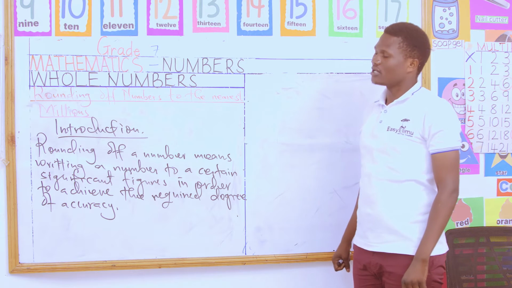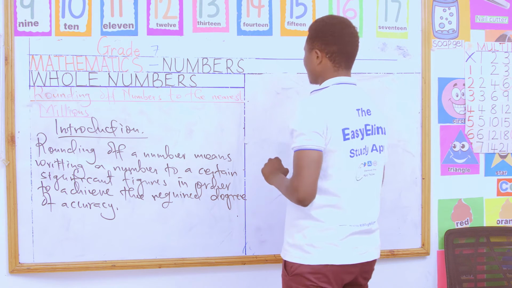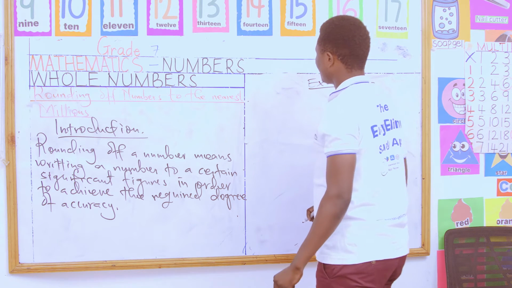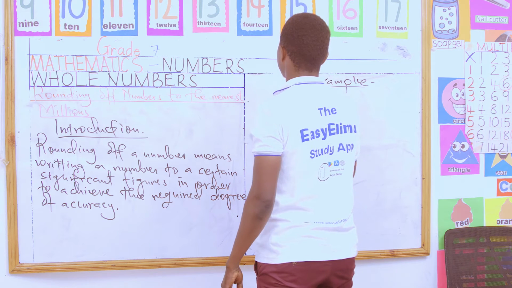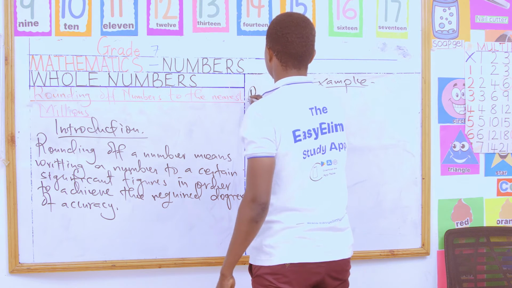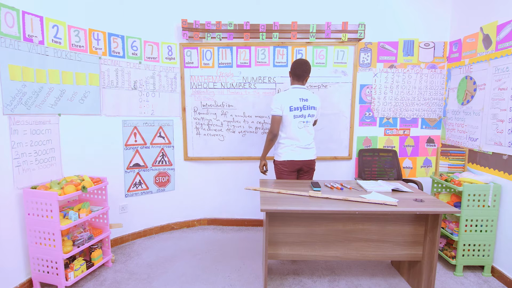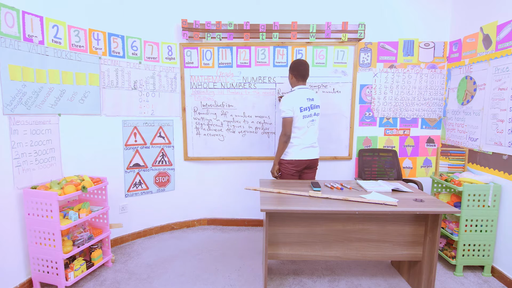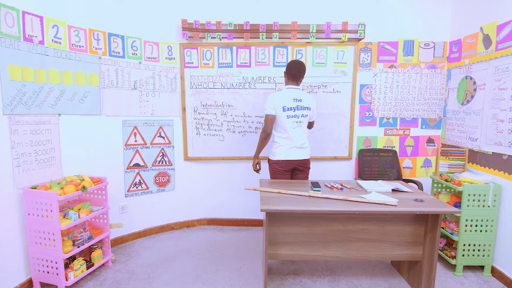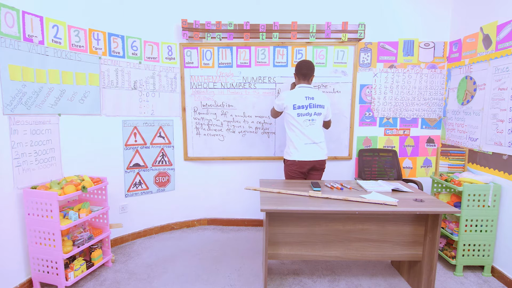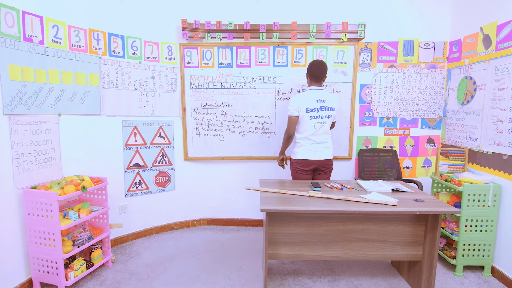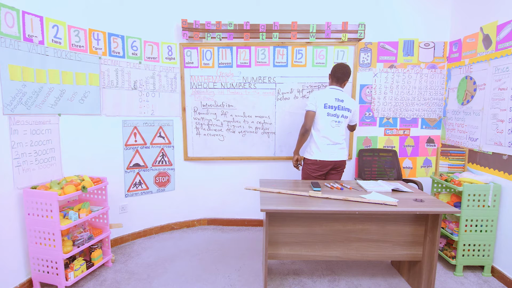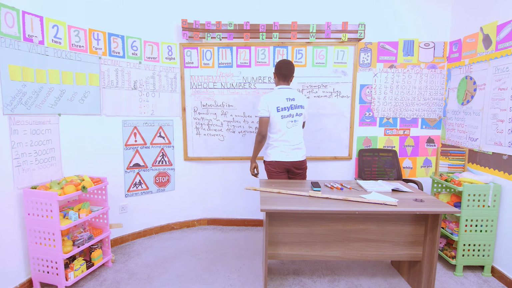Are we communicating? Yeah. For example, you have been told to round off the number below to the nearest thousands.